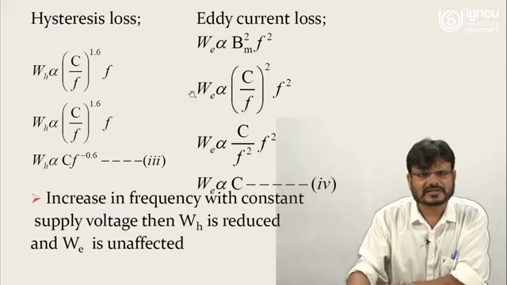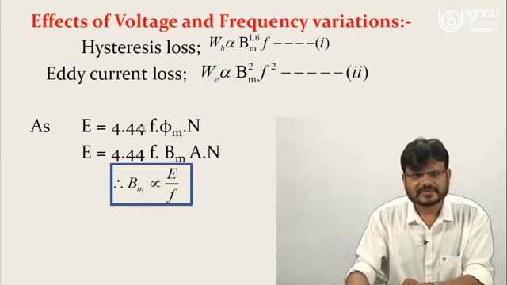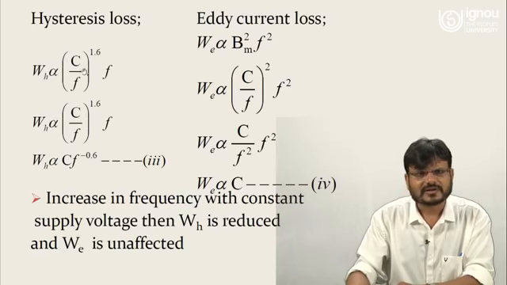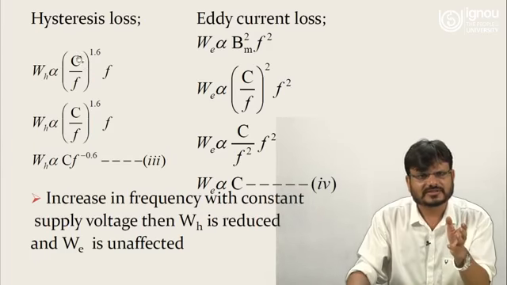Here we can again understand that WH can be written as C times f, because Bm can be replaced by E upon f. E is the supply voltage, which is constant, so you can write all the formulas in terms of the supply voltage, where C is a constant.